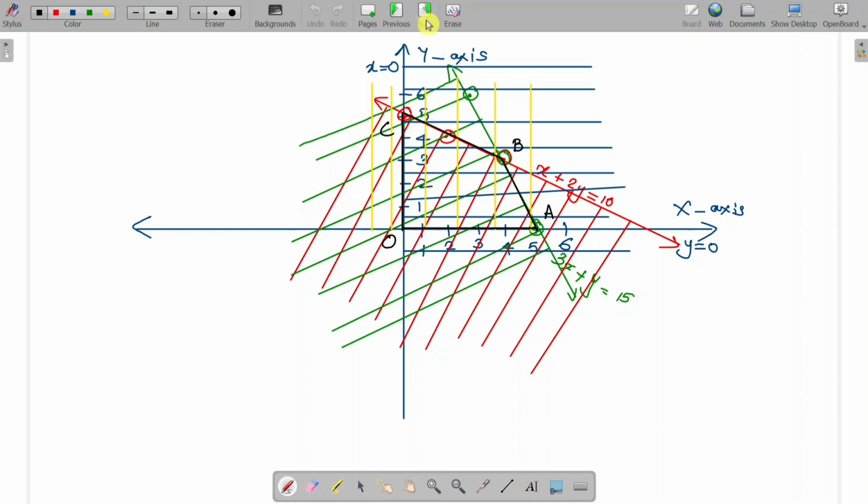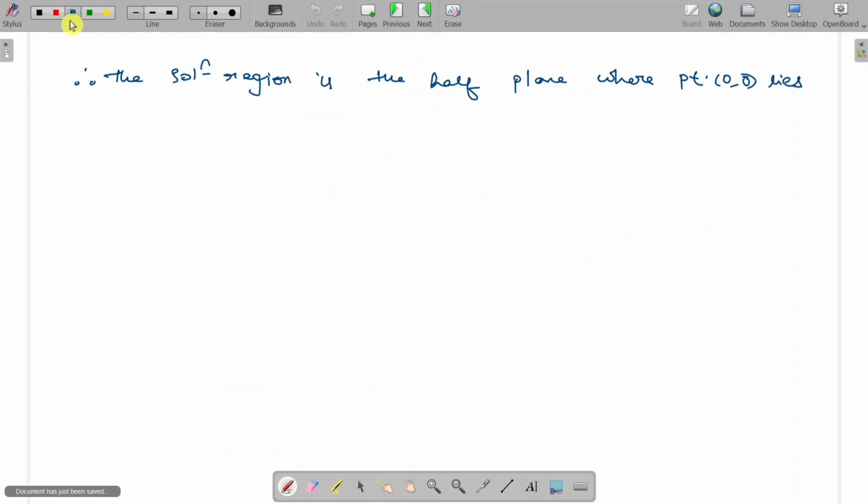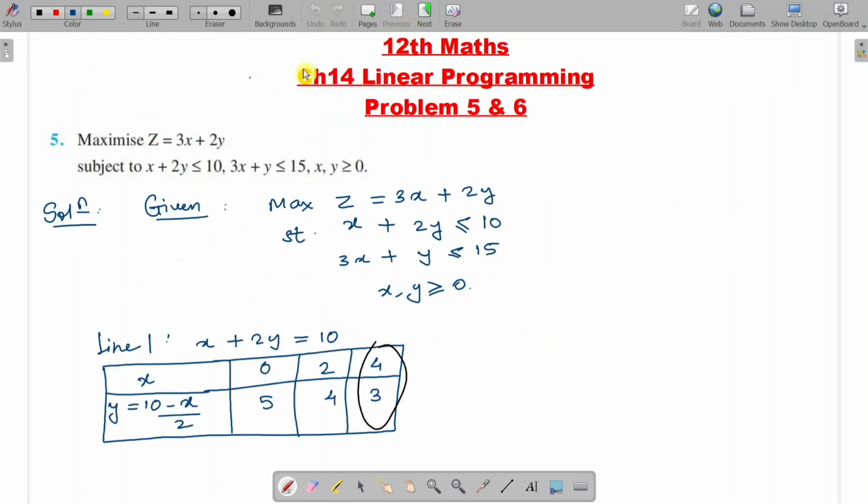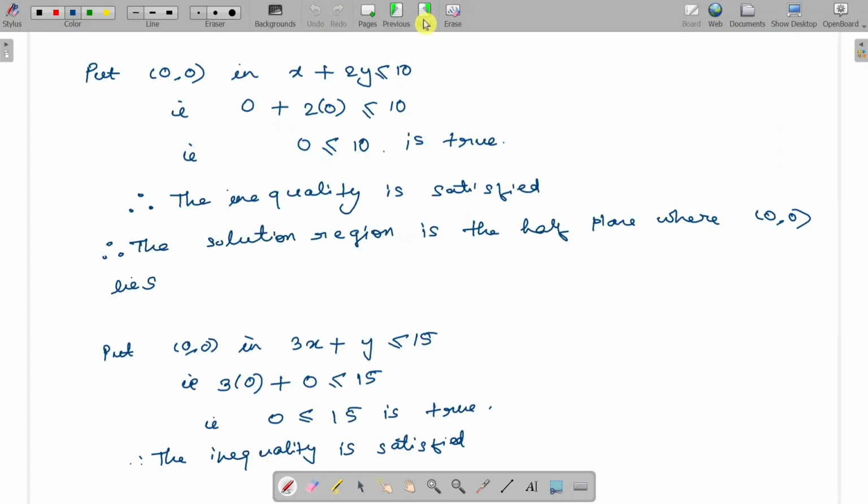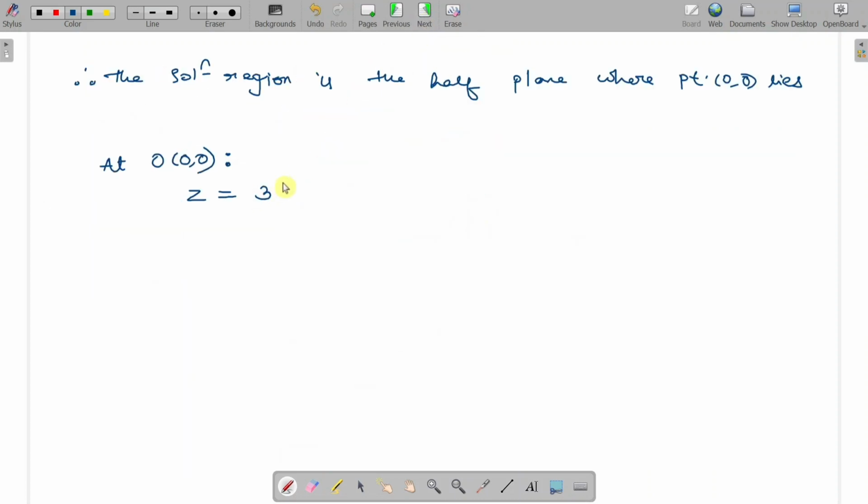Okay, so now let us find the values of the objective function at the corner points. First of all, at the origin we have to find the value of z. So z is equal to 3x plus 2y, so we will get 3 times 0 plus 2 times 0, so that means 0.